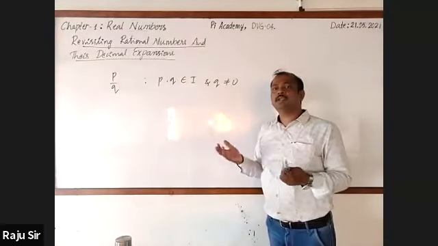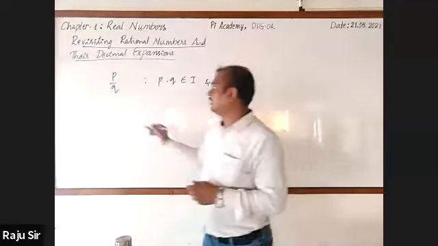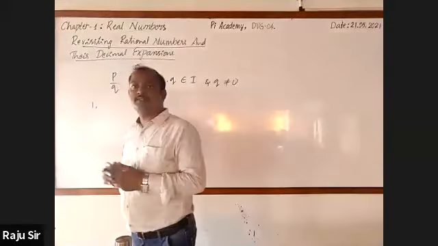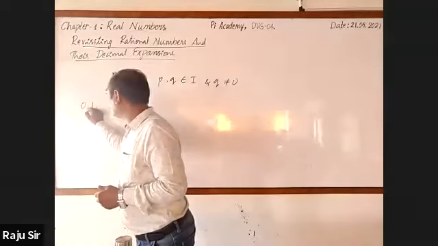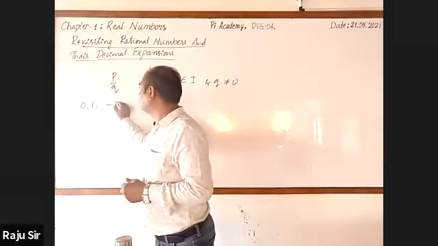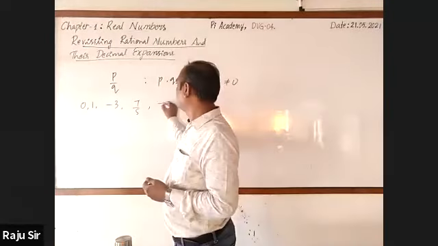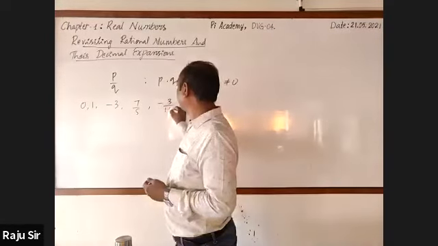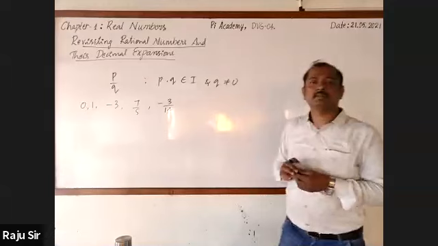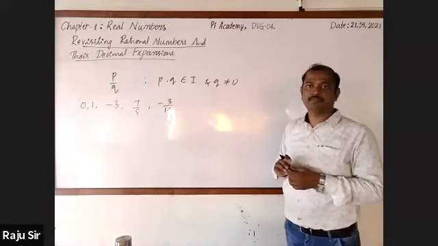We can take plenty of examples, like 1, 0, -3, 7 by 5, and -3 by 14. All these are examples of rational numbers.